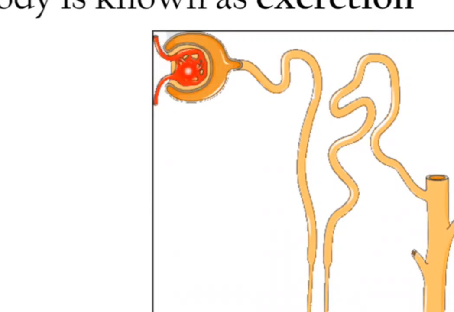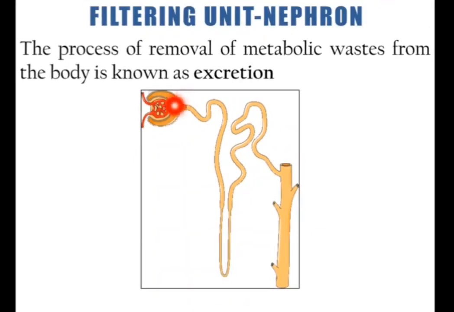Because of this filtration, the toxic content goes inside the tubules, and the blood after purification goes out of the Bowman capsule. The filtrate that goes inside the tubule finally becomes urine, and it is collected inside the collecting duct present in the kidney.